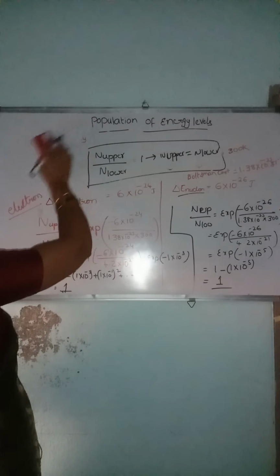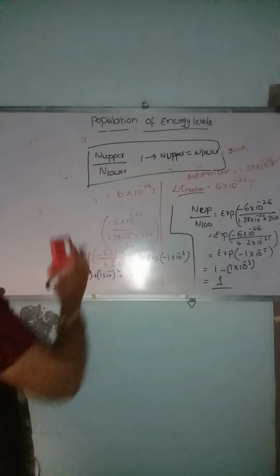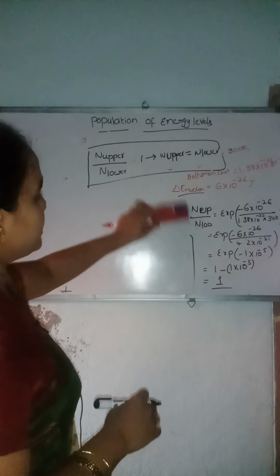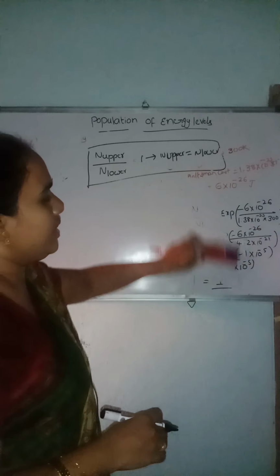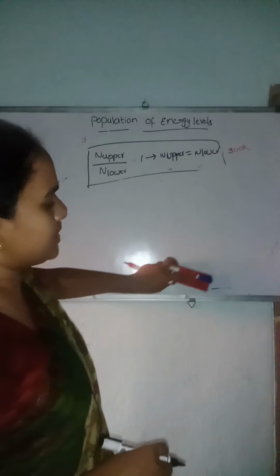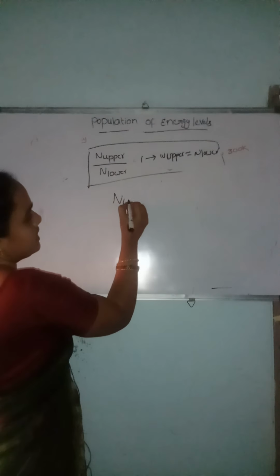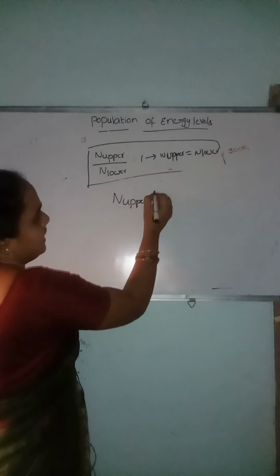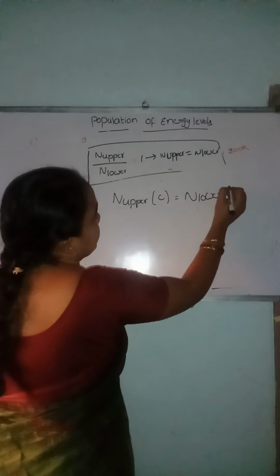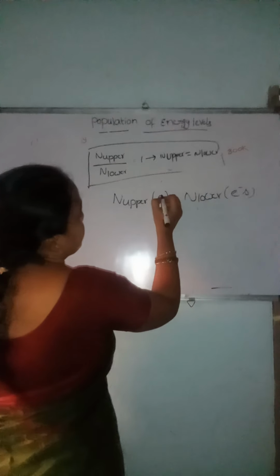That is, in an external magnetic field, the electrons and the nucleons will occupy the same number. That is, the population of electrons in the upper state is equal to the population of electrons in the lower state.